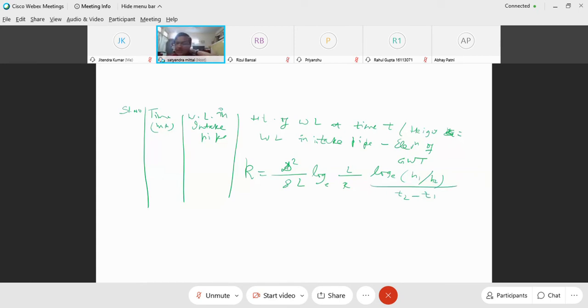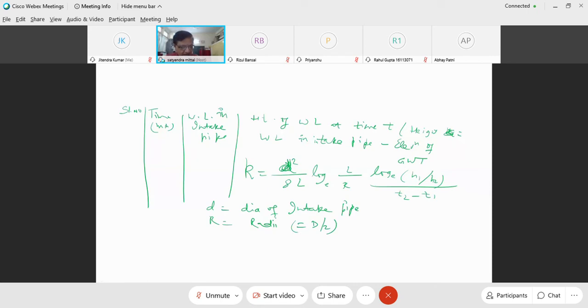Here small d is the diameter of the intake pipe, and R is the radius of the borehole, which is equal to capital D by 2.